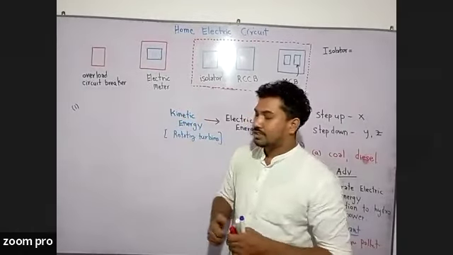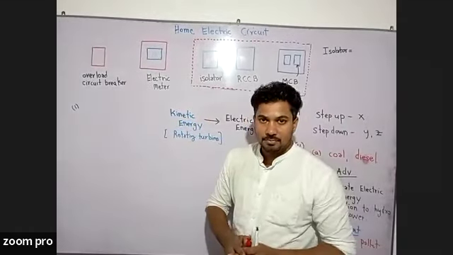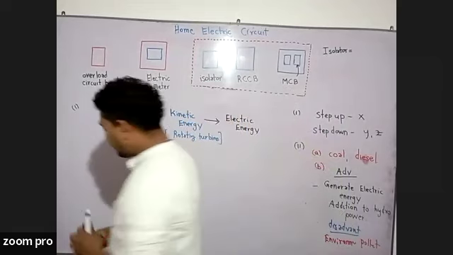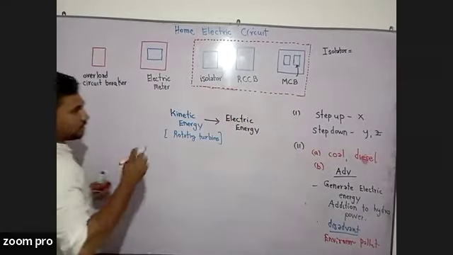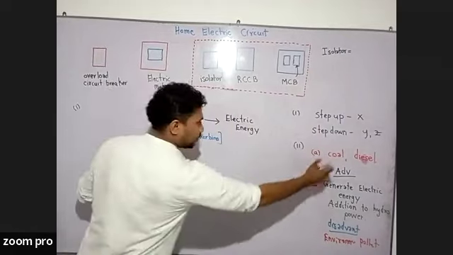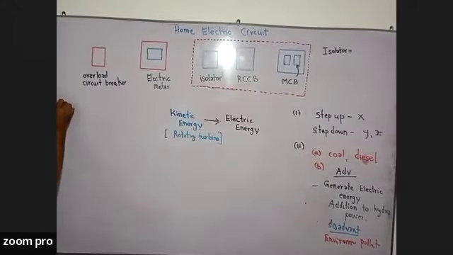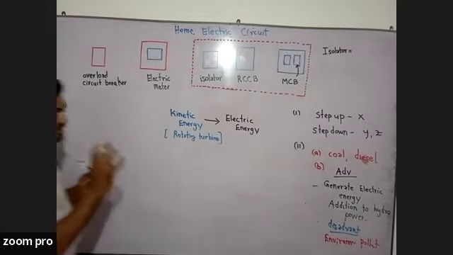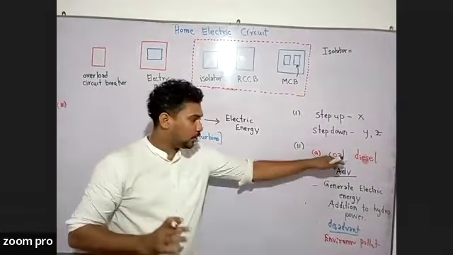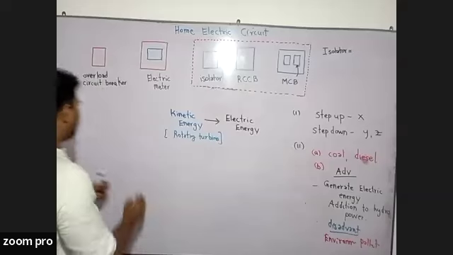The first one is thermal power station. In a thermal power station, I mentioned that we are using coal or diesel. In these kinds of sources, the energy in coal is chemical energy, right?